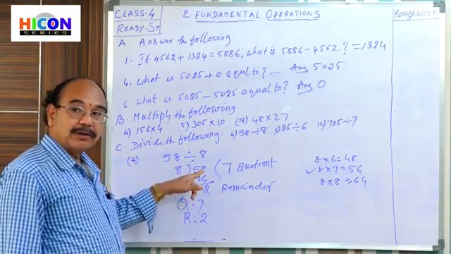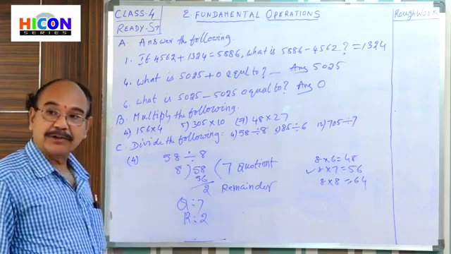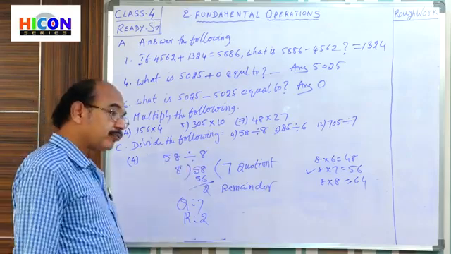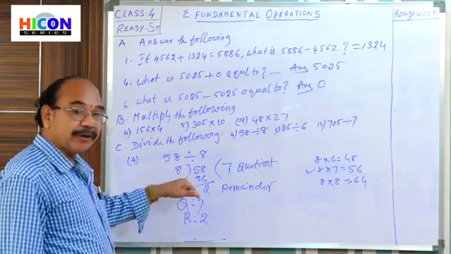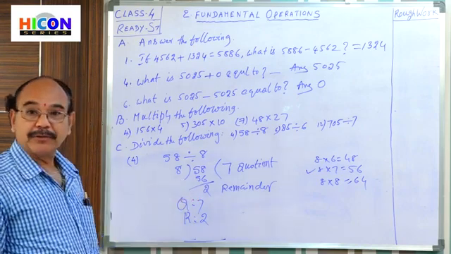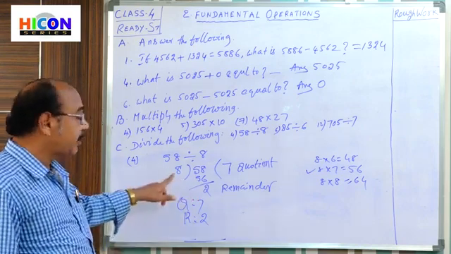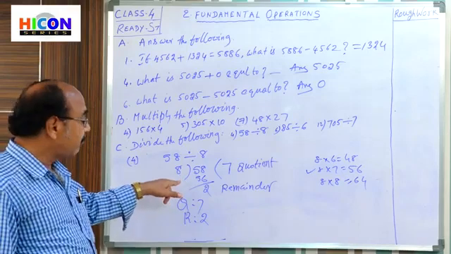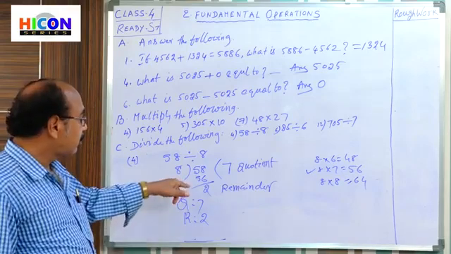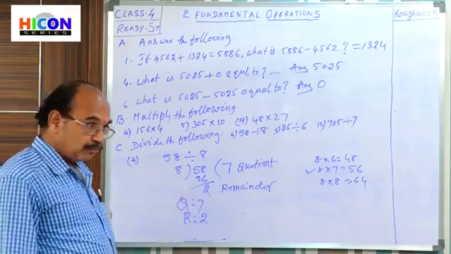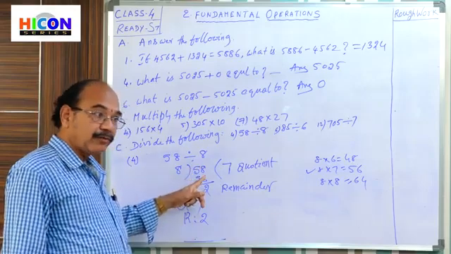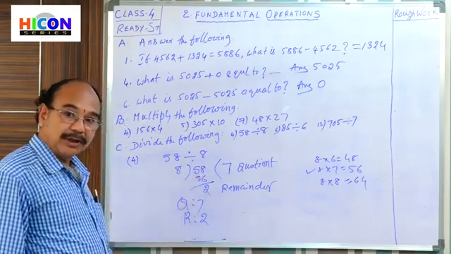58 is called the dividend. 58 is divided. By which number was it divided? With 8. 8 is called the divisor. 58 is called the dividend and 8 is called the divisor.